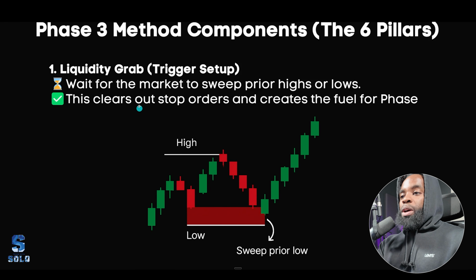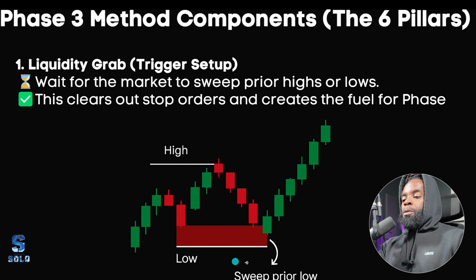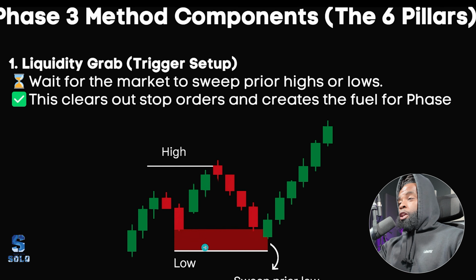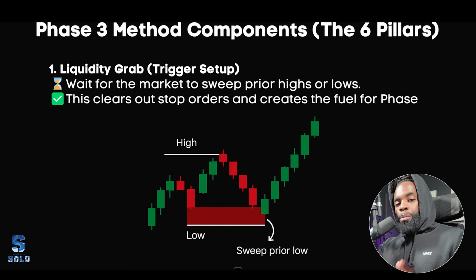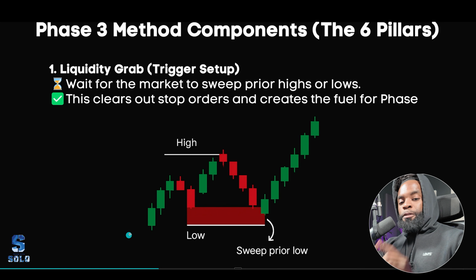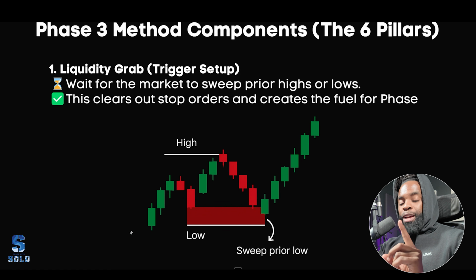What you need to do is wait for the markets to sweep prior highs or prior lows. So for instance, if you're looking at the market right now, you see that we have our high here and we have our low here. If you actually pay close attention to this, this is essentially wave 2. Now, wave 2 is always going to be a correctional wave known as a pullback to a lot of traders. When you see this move right here with these 3 candles, this is essentially wave 1, which is the very first move to the upside if it's an uptrend.